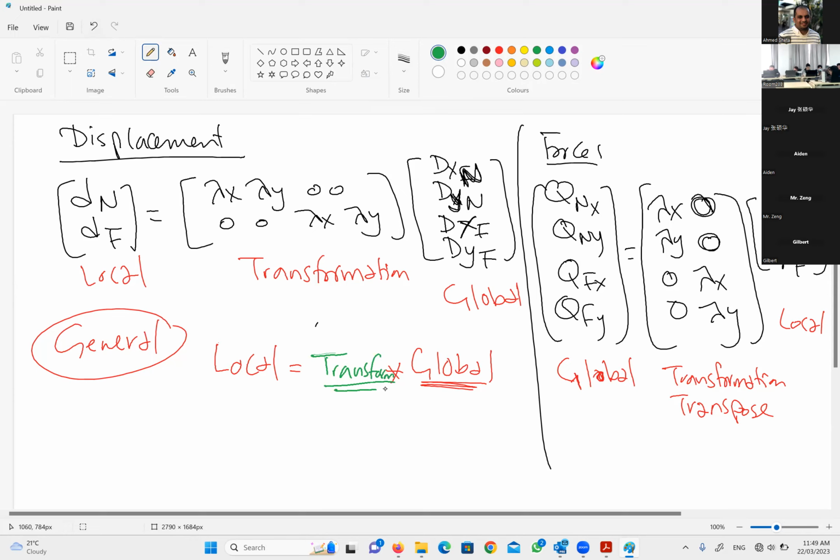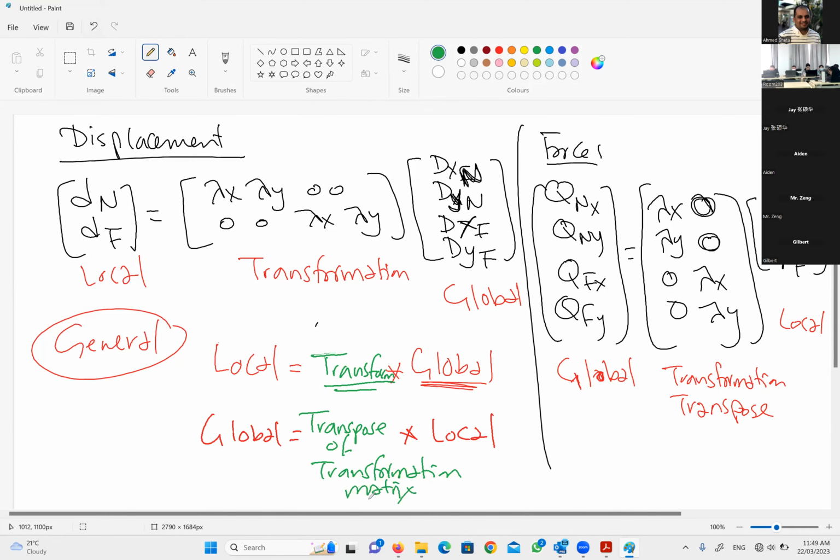To convert from local to global, if we have the local and we need the global, we multiply by the transpose of the transformation matrix.